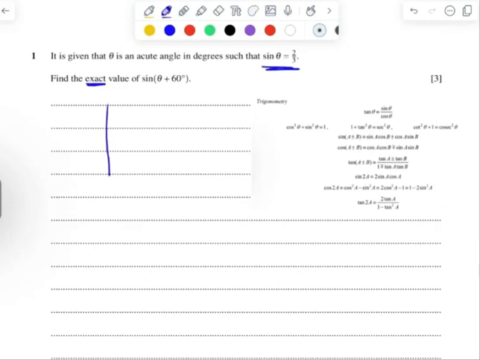Whenever I see something like that, my immediate thought is to start just drawing up a triangle. If I label that theta, sine is opposite over hypotenuse. So when we draw up a triangle like this, we already know one ratio. We can find our other length, which I'm just going to call x.